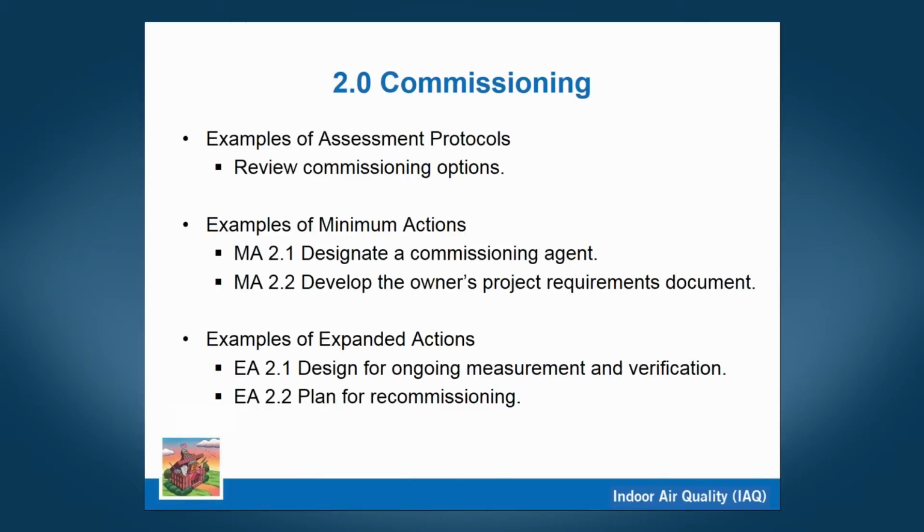I know that a lot of folks out there may be disenchanted with this one due to the unsuccessful experiences they may have had in the past. Some of the examples of school building systems that have significant potential impact on IAQ and should be considered during commissioning include building envelope, HVAC systems, and associated controls, of course, kitchen equipment, and fume hoods.